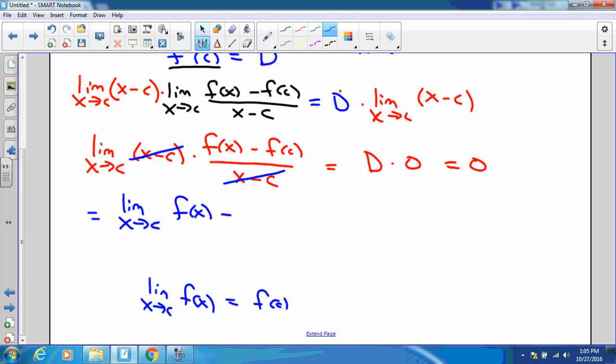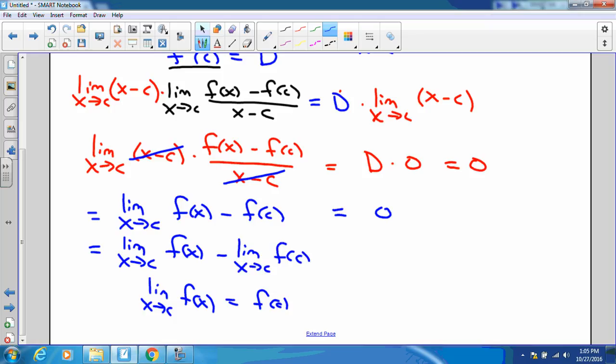Now, what happens over here? Well, x minus c divided by x minus c is 1. So that what I get is simply the limit as x goes to c of f of x minus f of c. And on this side of the equation, that limit is equal to 0. But now, using my difference rule, I get that the limit as x goes to c of f of x minus the limit as x goes to c of f of c is equal to 0. And the limit as x goes to c of f of c is simply f of c.